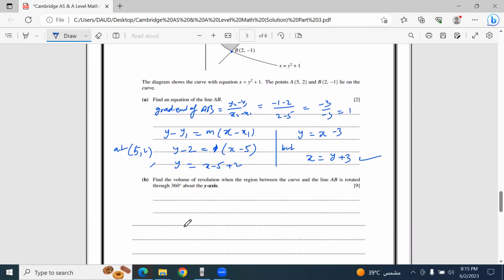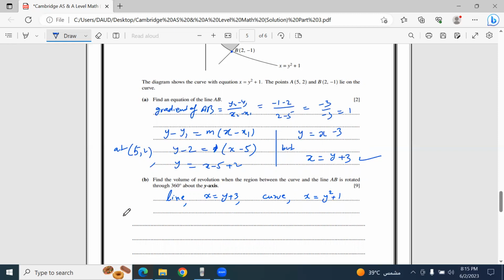So remember the first two things we know: the line we just found, which is x is equal to y plus 3, and the second thing, the curve, which is given x is equal to y square plus 1.